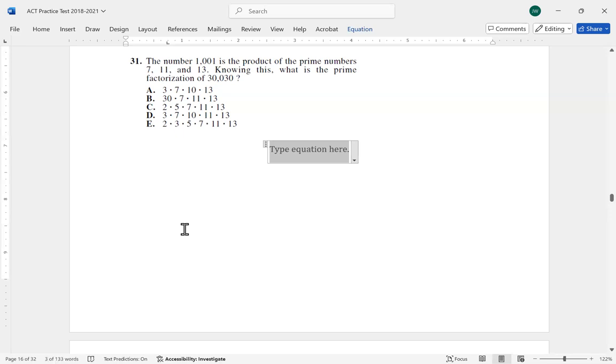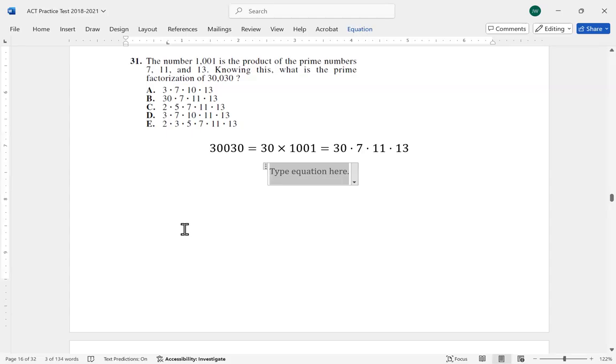So first off, realize that 30,030 is just 30 times 1001, and we know that 1001 is 7 times 11 times 13. So to get the prime factorization of 30,030, I just need to break down 30.